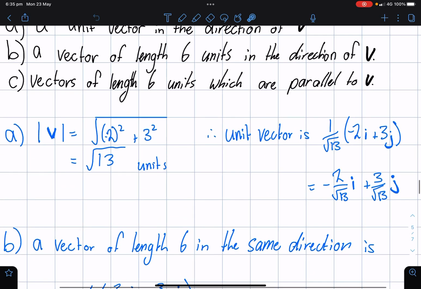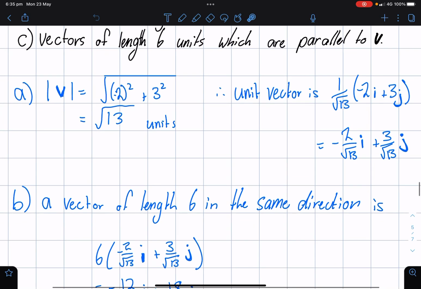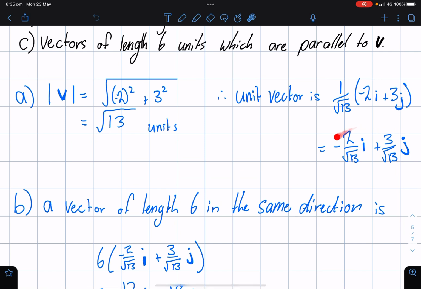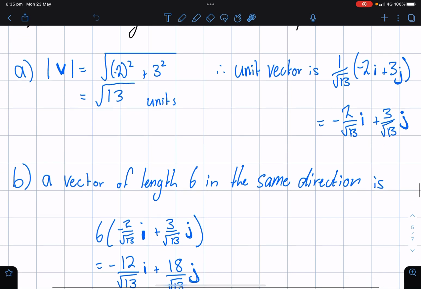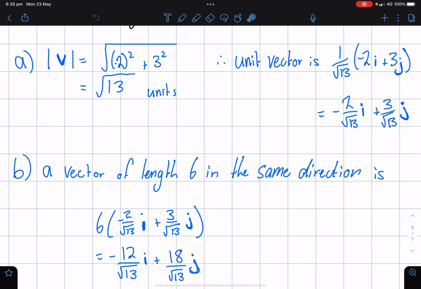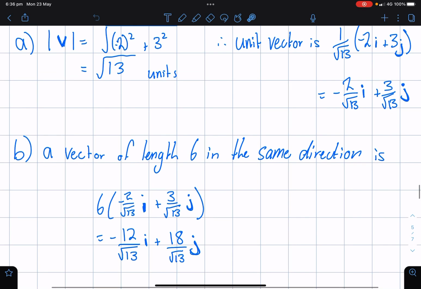Now part B, a vector of length 6 in the same direction is 6 multiplied by that unit vector. So 6 out the front multiplied by our unit vector. 6 times minus 2 is minus 12. 6 times 3 is 18. And then we have our result: minus 12 on root 13 i plus 18 on root 13 j.